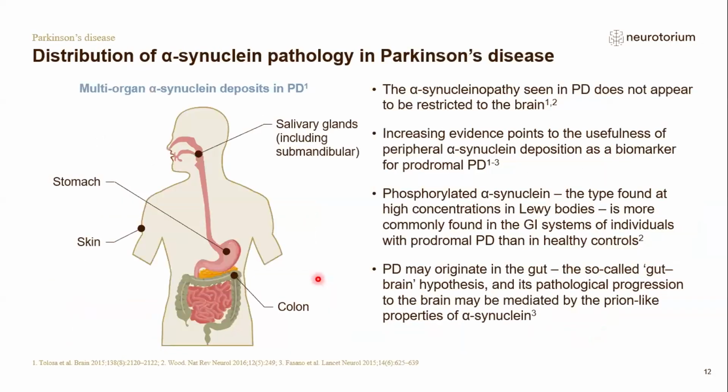So again, this alpha-synuclein does not only aggregate in the brain, it also aggregates in the GIT and in the skin. And there is also a school of thought that maybe in the prodromal phase of Parkinson's disease, we could do biopsies just to see if we have Lewy bodies.